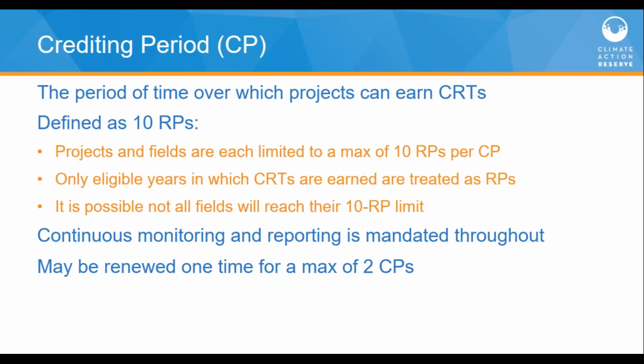But if the overall project at large is moving forward and has at least one field in there that still counts towards a reporting period, the project itself might hit that 10 reporting period maximum limit first. And as I stressed before, continuous monitoring and reporting is mandated throughout the entire crediting period, regardless of if fields are planted with ineligible crops, not seeking CRTs, what have you. And then a crediting period can be renewed one time, for a maximum of 2 crediting periods per project.